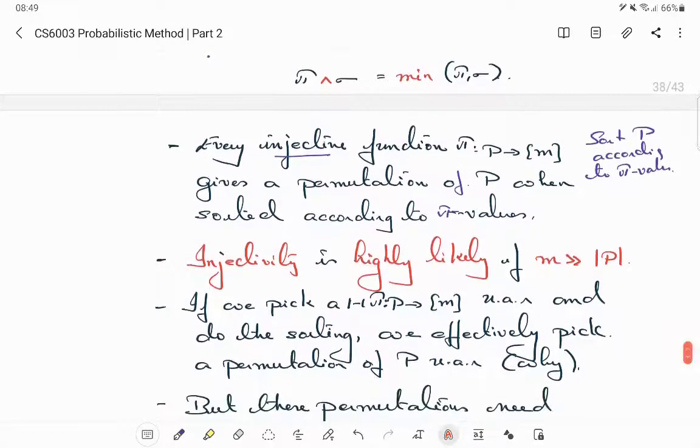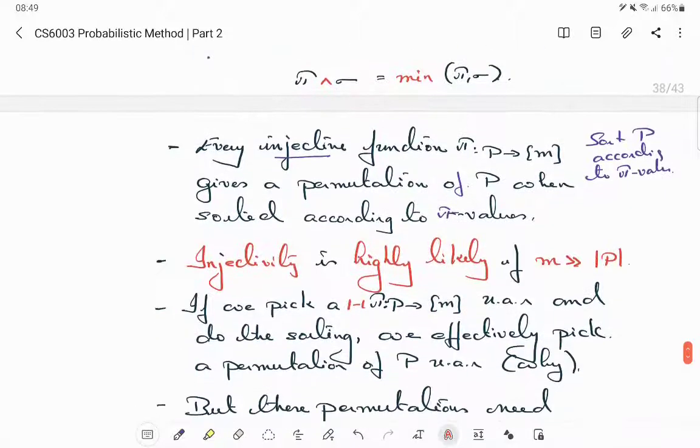Now, if you pick an injective function pi in this context, from P to M, uniformly at random, and do this sorting, we already said that we will get a permutation of the ground set of P, not necessarily one which respects P. But you can also verify that this is equivalent to picking a uniformly random permutation of P. I want you to verify this by yourself.